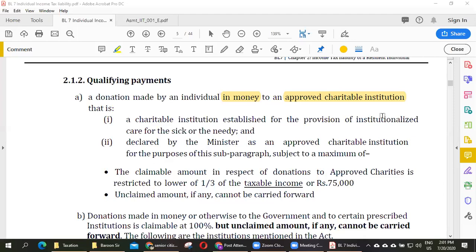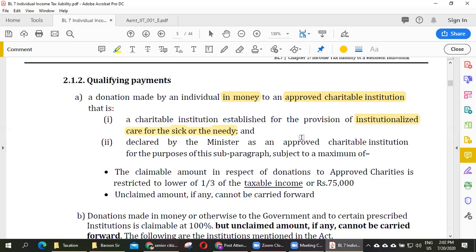And also, we have to check again that the institute should provide institutionalized care for sick and needy people.